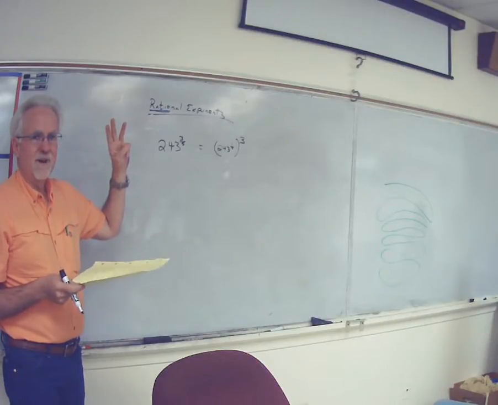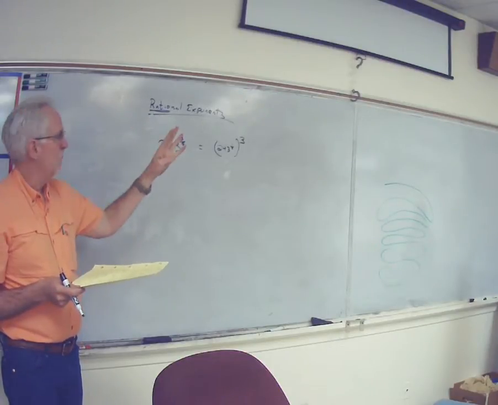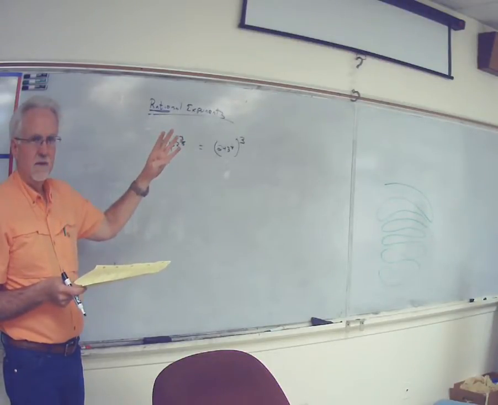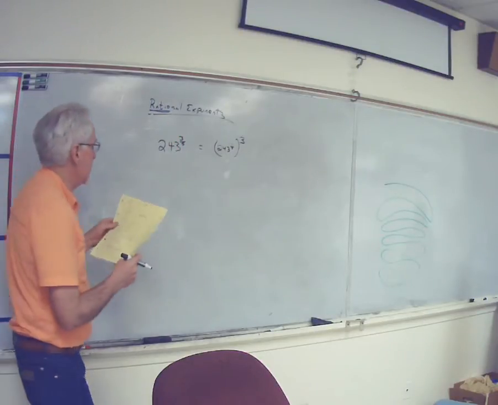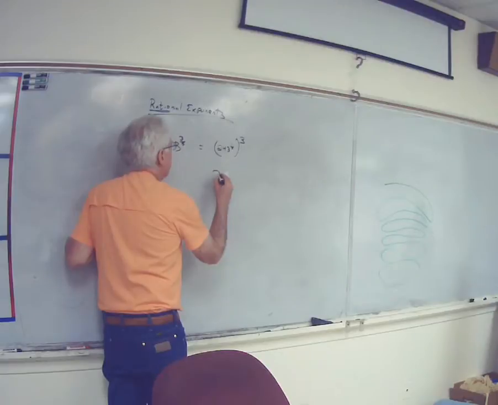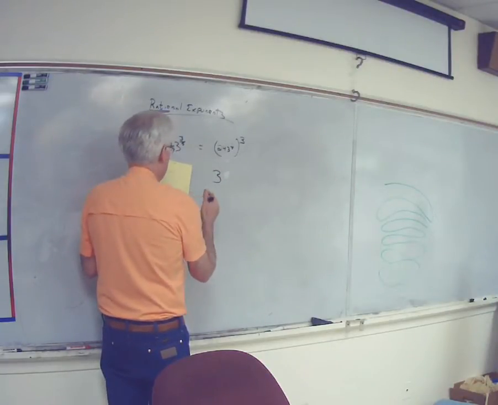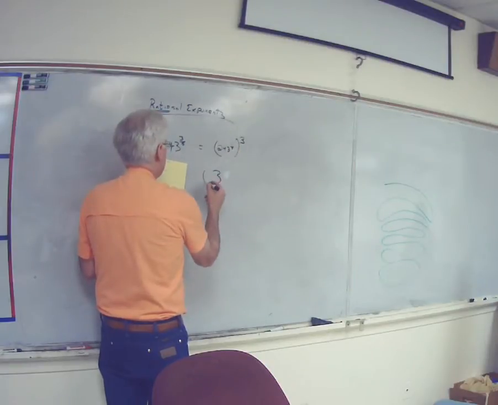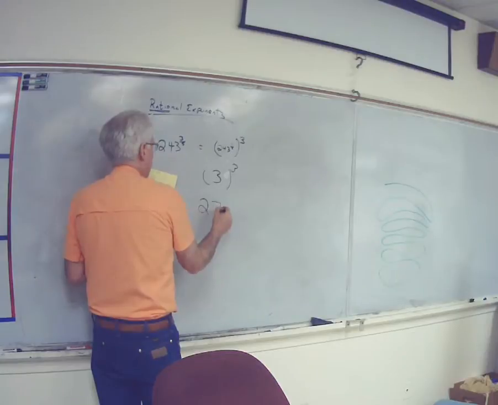You got a calculator in your hand, man? 27 times 3 is? 81. 81 times 3 is? 243. So this is 3, right? 243 to the 1/5 is 3, and then we cube the 3, and that's what? 27.